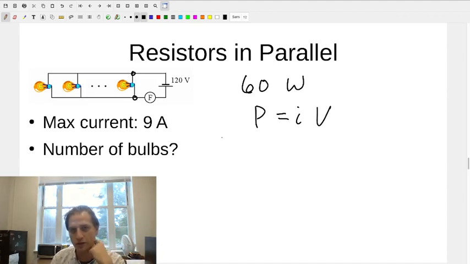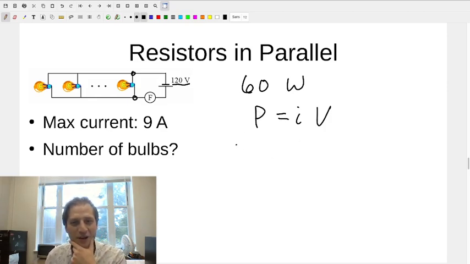So your house is wired in parallel. The power is going to equal I times V. So we know this 120 volts. We'll learn in a couple videos that it's actually a little more complicated than this because it's AC voltage, but let's live with the illusion for now.